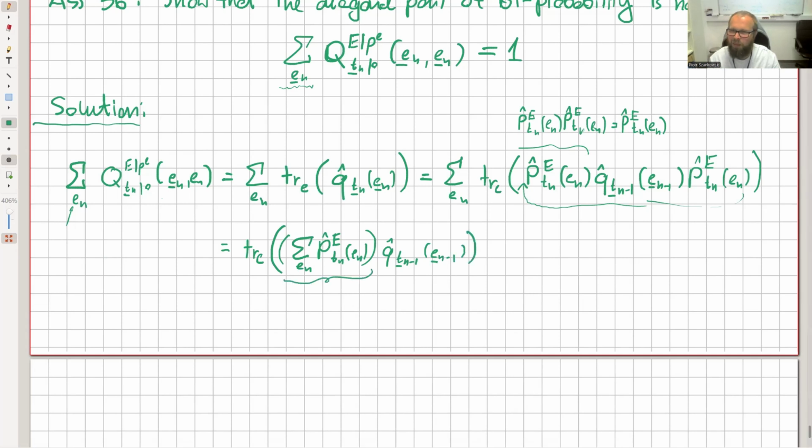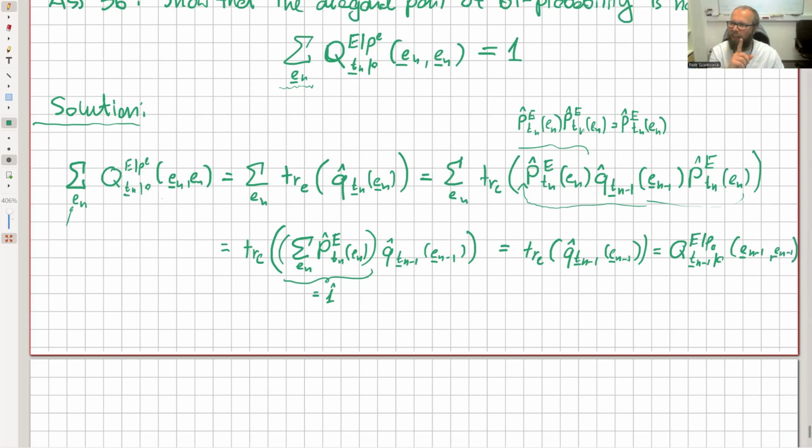And of course, a complete set of orthogonal projectors. This is just identity. So you get the trace of Q Tn minus 1, En minus 1, or simply Q E rho 0, Tn minus 1, En minus 1, En minus 1.